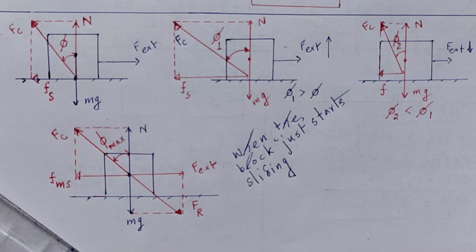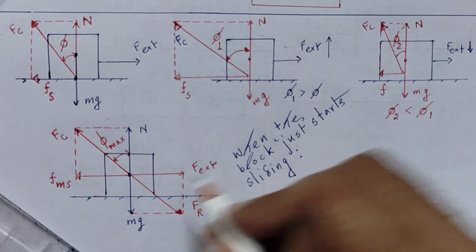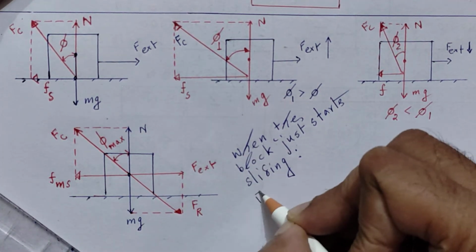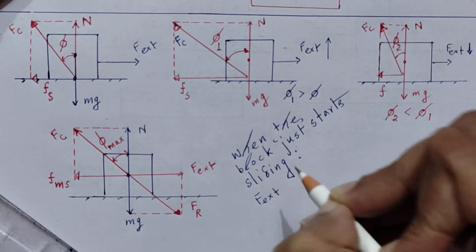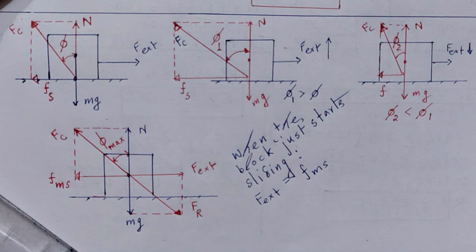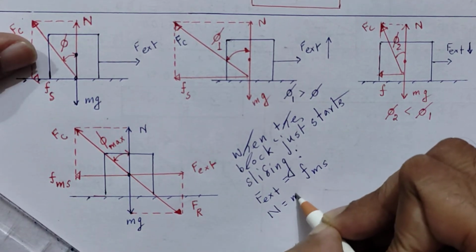When the block just starts sliding, then what will happen? Then F external and maximum value of static friction will be equal. So I can say F external is equal to FMS. And definitely normal reaction is equal to mg.